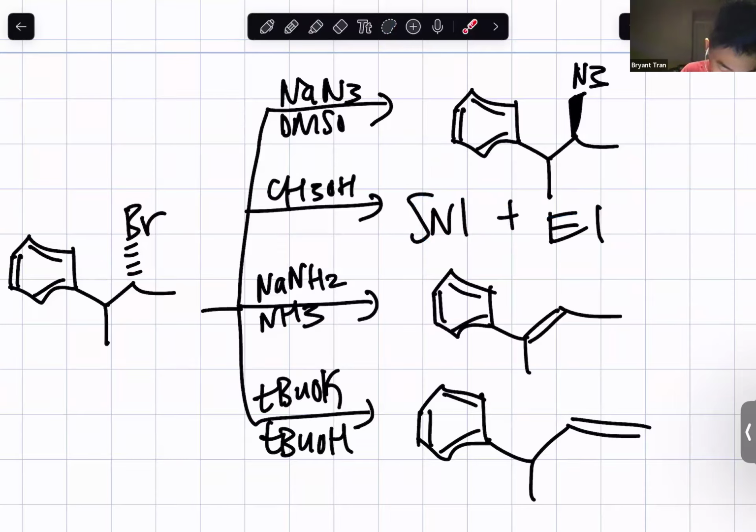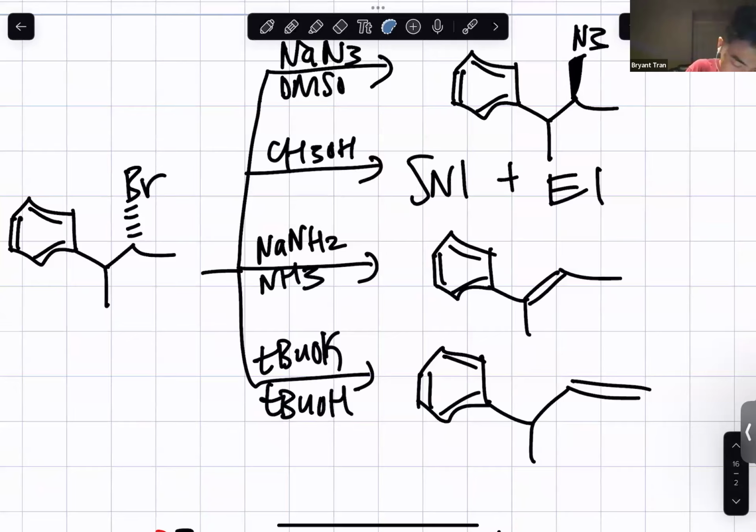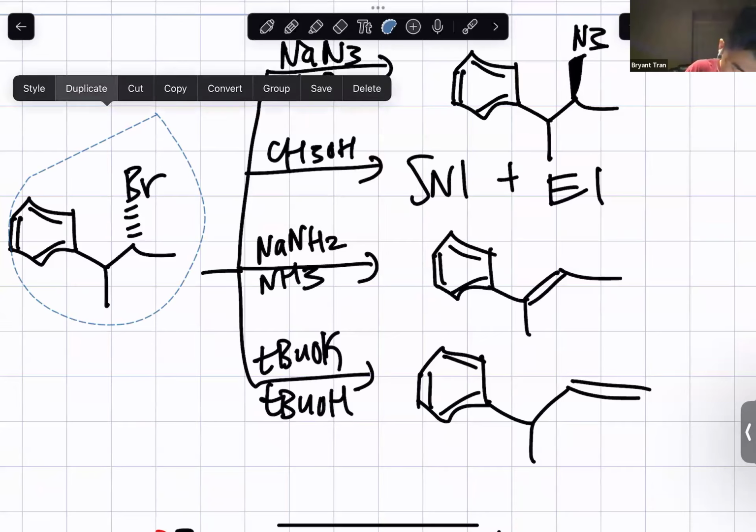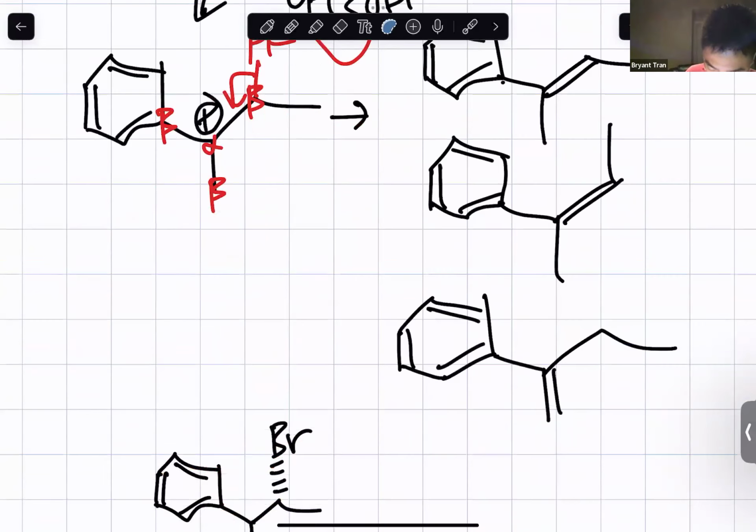Now, if this was a wedge right here, then that would make it more difficult, right? Let's actually do that because I don't know if that will show up on the exam or not. Let's do it just in case it does.